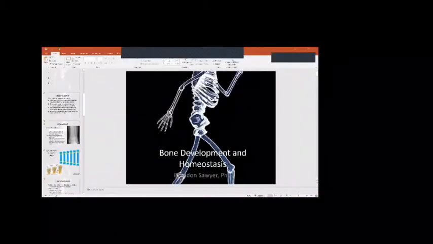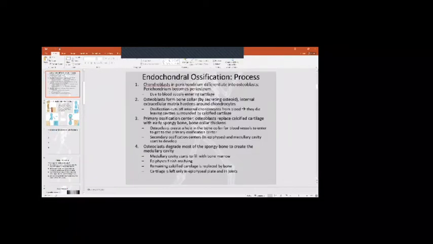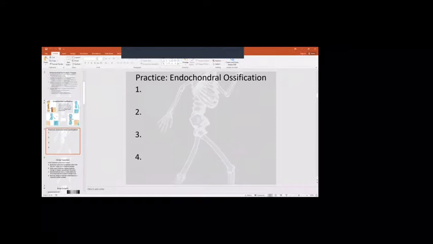Let me share my screen to show those slides. So this is a big process that you'll need to know, with all the steps involved. Be able to write it out in your own words with the right terminology.